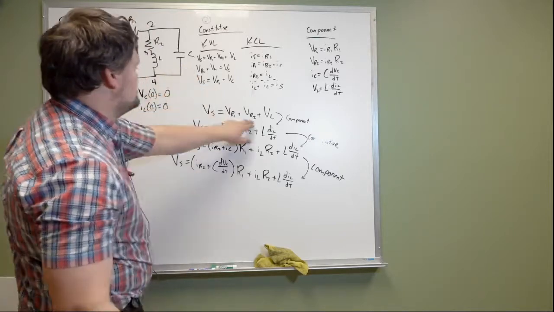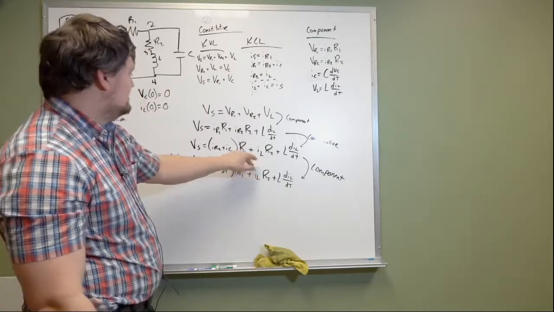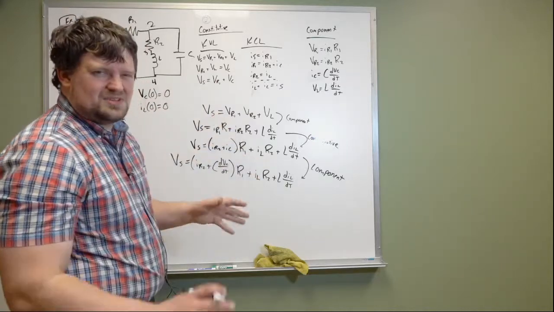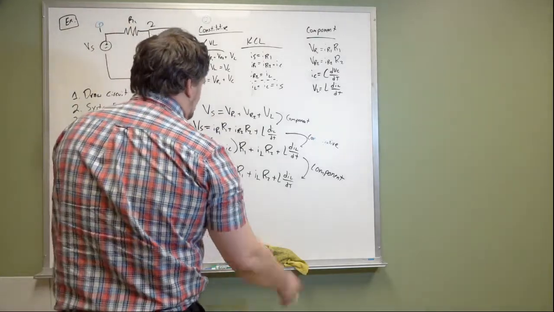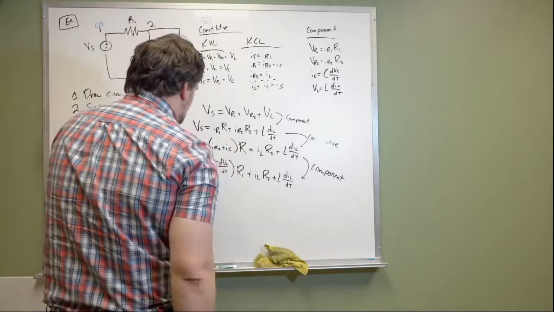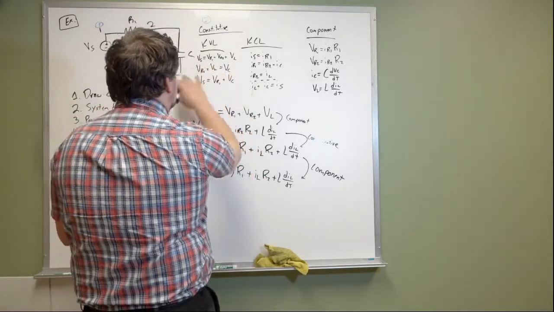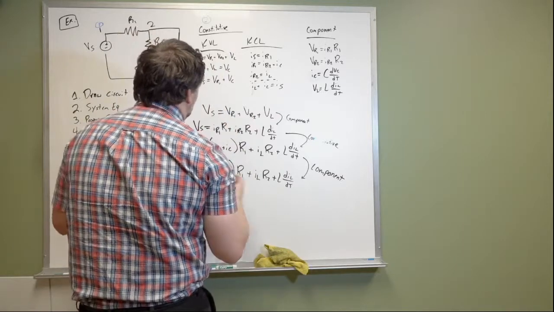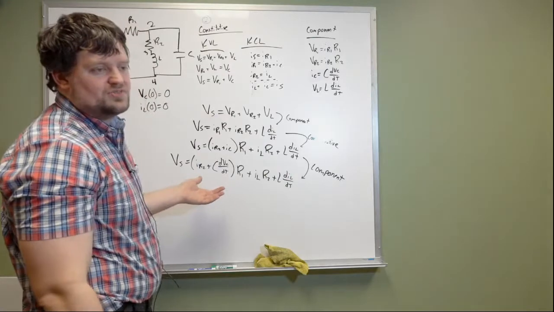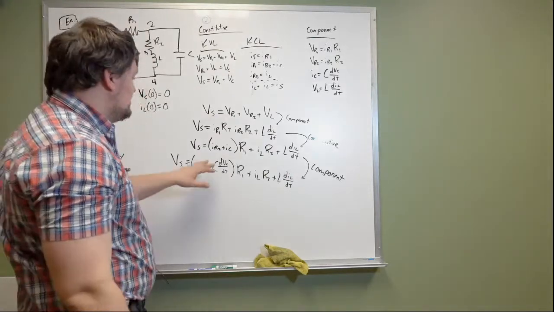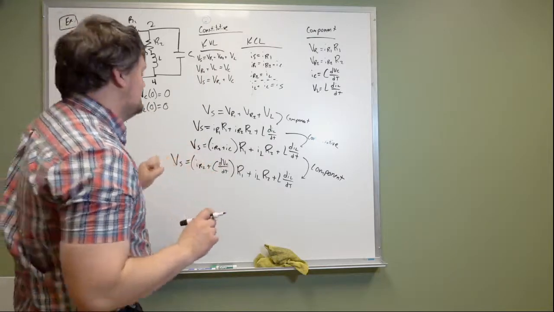We were able to get VR2 in terms of IL very easily, but VR1 is the one that's kind of a challenge here. If we didn't have VR1, the circuit would be a little bit simpler. So, okay, we're going to take VR1 out, and we're going to use this equation that doesn't have VR1 or VS. It could have VS in it, which we would just end up bringing over to the forcing function side. That could happen, but here I just don't want to bring back in VR1. I really don't want that.